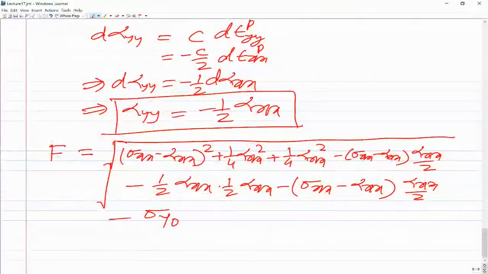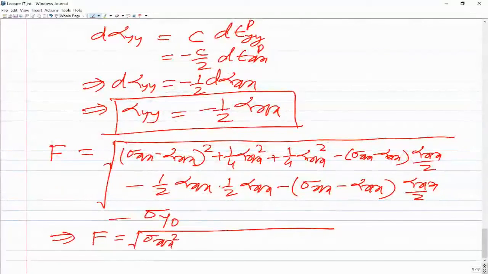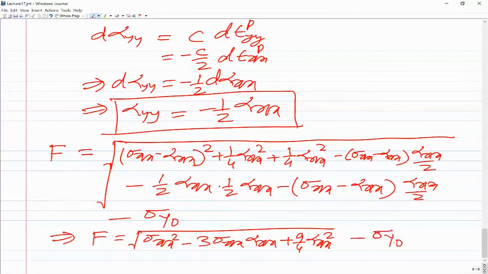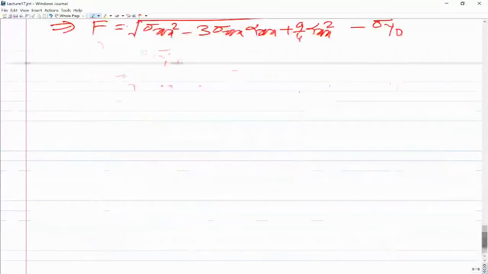So this is your f. If you simplify whatever is inside the square root sign, you can write it as sigma xx square minus 3 times sigma xx into alpha xx, plus 9 by 4 into alpha xx square, minus sigma y naught. This is the simplified form of the yield function.